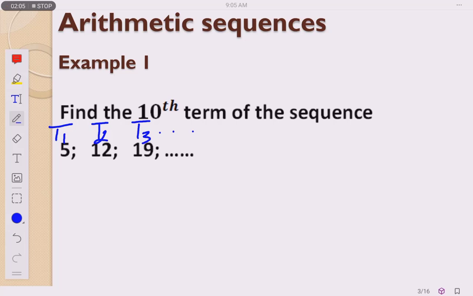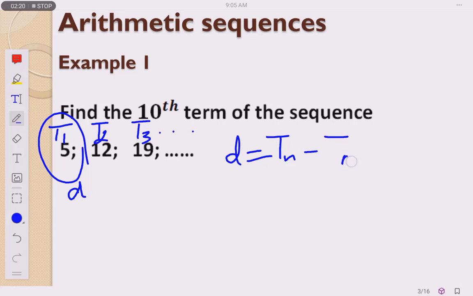Our first term, T1, is our A. Now we want to find the common difference. We said our common difference, D, is equal to Tn minus Tn minus 1. If I want to use the second term, I will say T2 minus T2 minus 1.